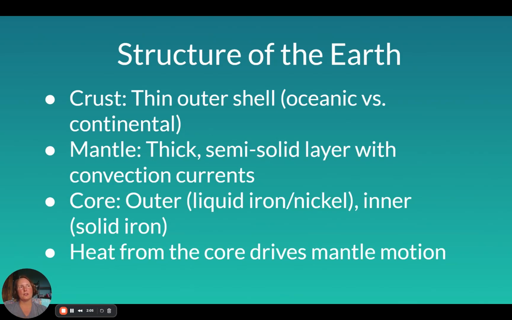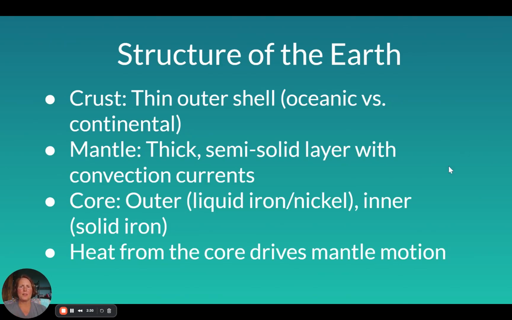We have oceanic crust, which is where oceans and water are, and we have continental crust, which is where land masses are. So the differences are that oceanic crust is generally denser. The water is really heavy that sits on top of oceanic crust and makes it really dense. Continental crust is generally less dense and more often made of granite.